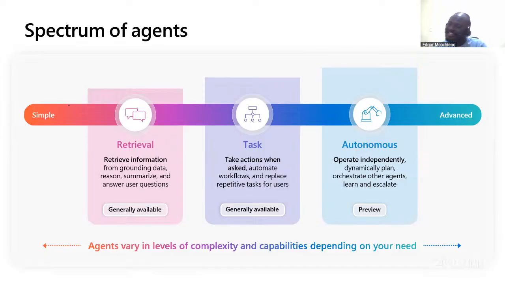Now, the next one is an advanced one. So we are done with retrieval. Now we are getting to the next step, and the next step is the task agent. Task agents help us automate repetitive processes. So let's say in my environment, I have a lot of tasks. Let's say I have emails.